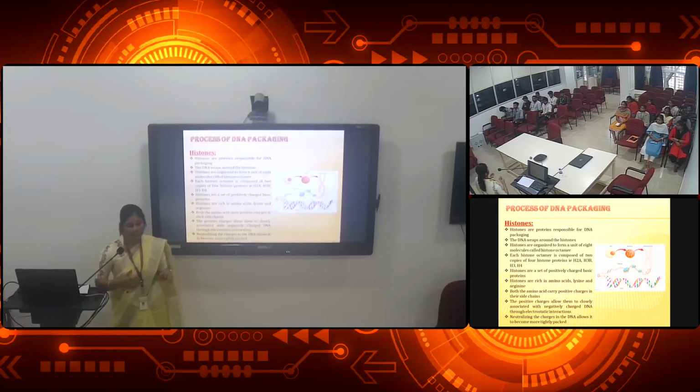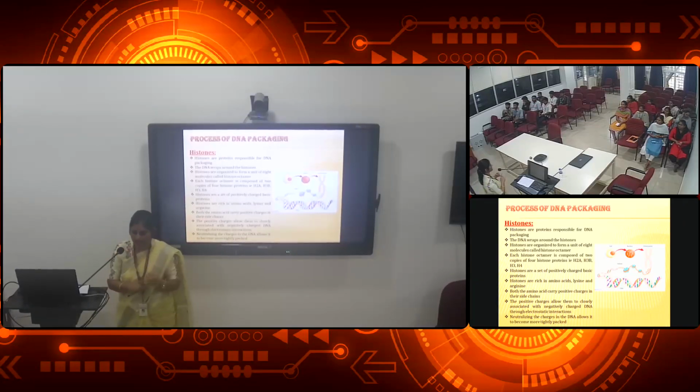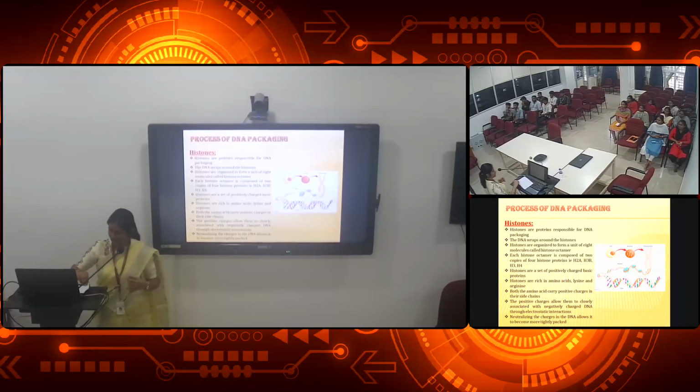Okay, acetylation and phosphorylation. These two processes affect the DNA packaging. One is acetylation, another one is phosphorylation.